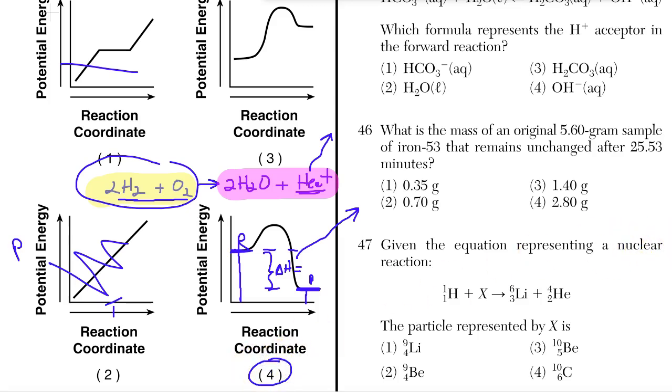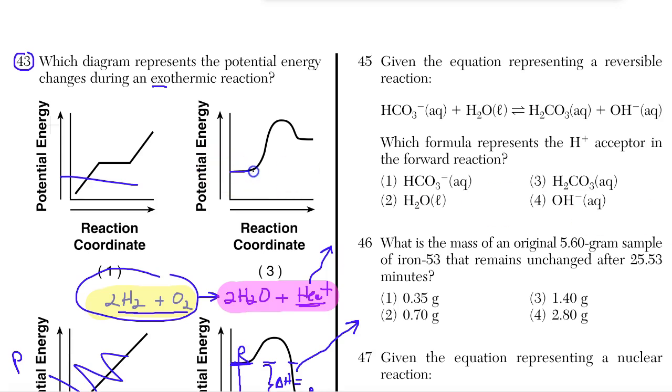In the reverse, we start with low potential energy of my reactants, and we start with what? High potential energy of the products. How'd that happen? Well, the difference of where you start and you finish, that's delta H, that's right here. In this case, it's positive because it's going up. Why is it going up? Because we had to add energy to start low to go high, and this would be endothermic.